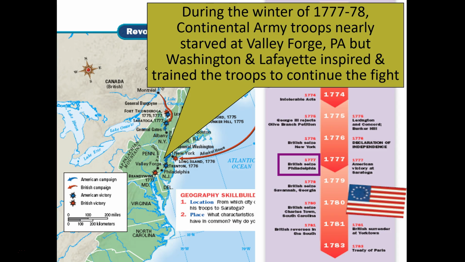And every year she comes back to Valley Forge and helps raise troop morale, feeds them, sews for them, nurses them, along with other officials' wives. And Washington and Lafayette at this point inspire and train the troops to continue to fight, even in these desperate situations.